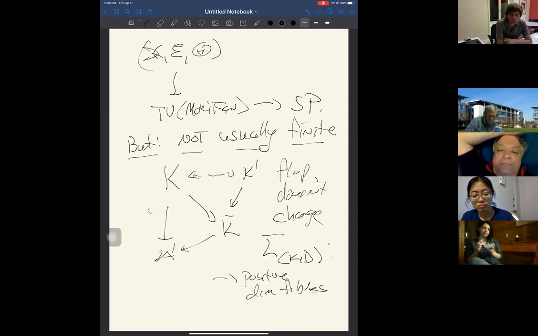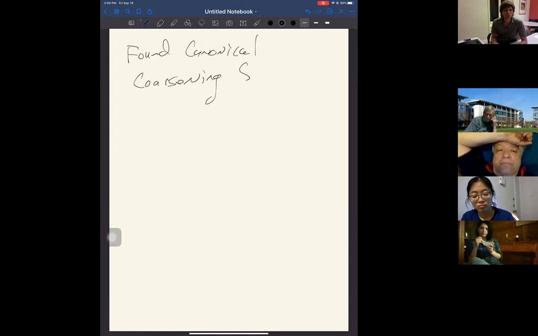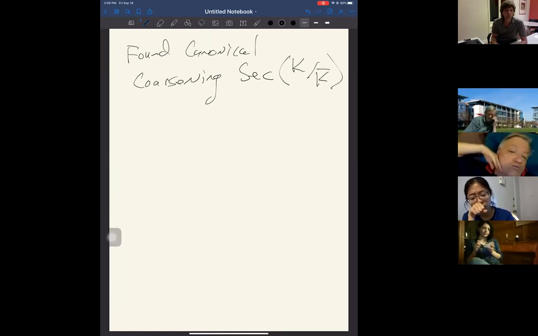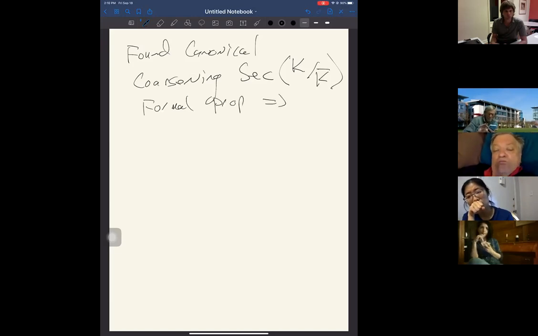So this is not quite the right thing. But we did a cool thing. We found a canonical coarsening of this thing, which I won't have time to discuss, which we call the secondary fan. Because it really has to do with changes in the dual complex. This is a coarsening of the Mori fan, and again, just formal properties of our ring imply that the family comes from here.